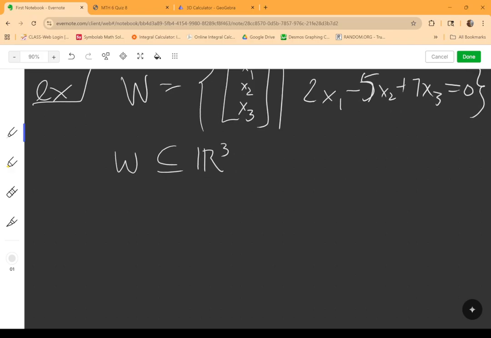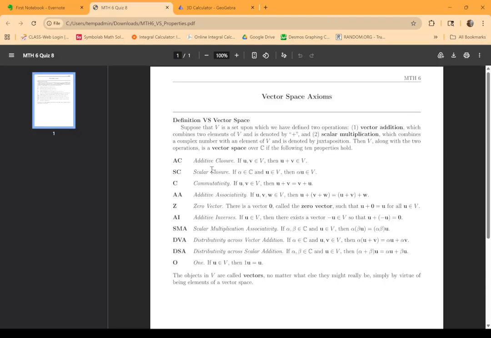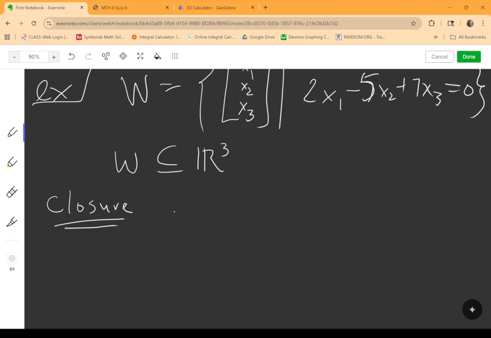So I'll check through. First, I want to check the closure properties. Closure is additive closure and scalar closure, AC and SC. If I add two elements, are they in, not V, but in W here? Let's look at AC first.